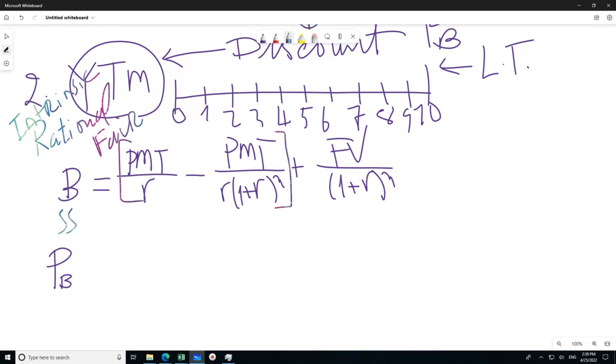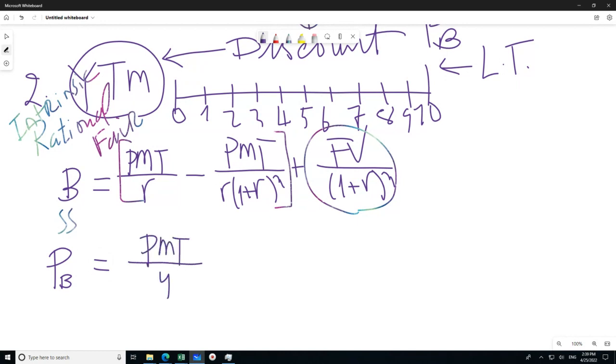The coupon. And then this is the face value, a single cash flow. Now, I can rewrite it like this.